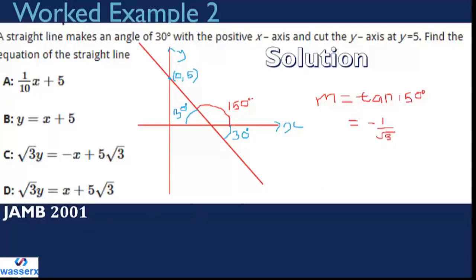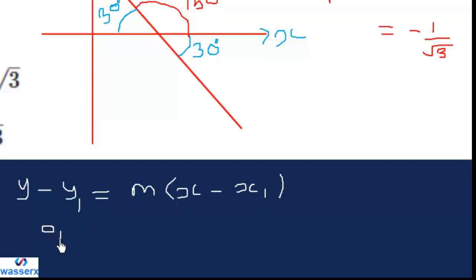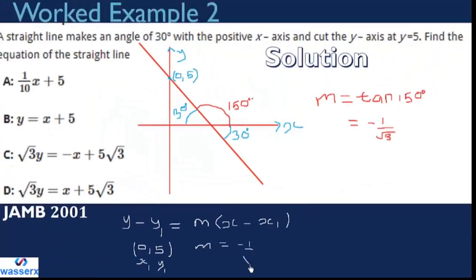So we know the gradient and we know a point on the straight line, so we can use the point-slope formula: y minus y1 is equal to m times (x minus x1). We have the point (0, 5), where x1 is 0 and y1 is 5, and we know our gradient to be equal to negative 1 over root 3.